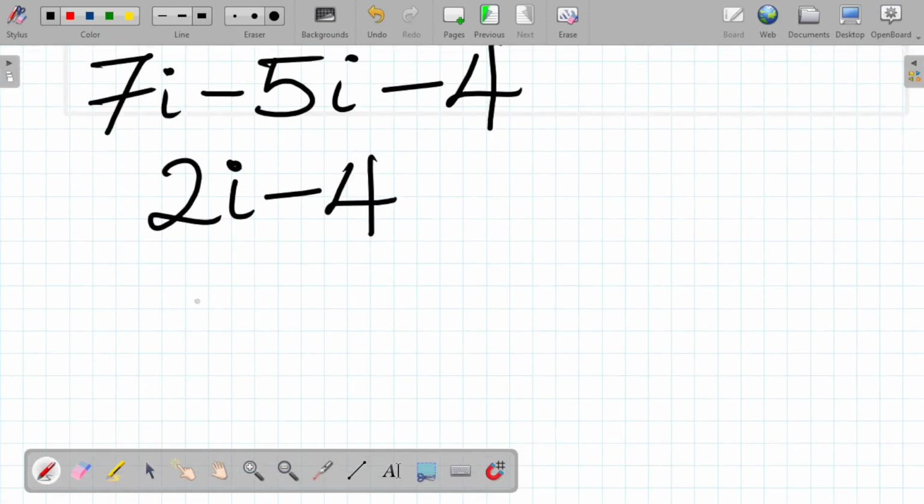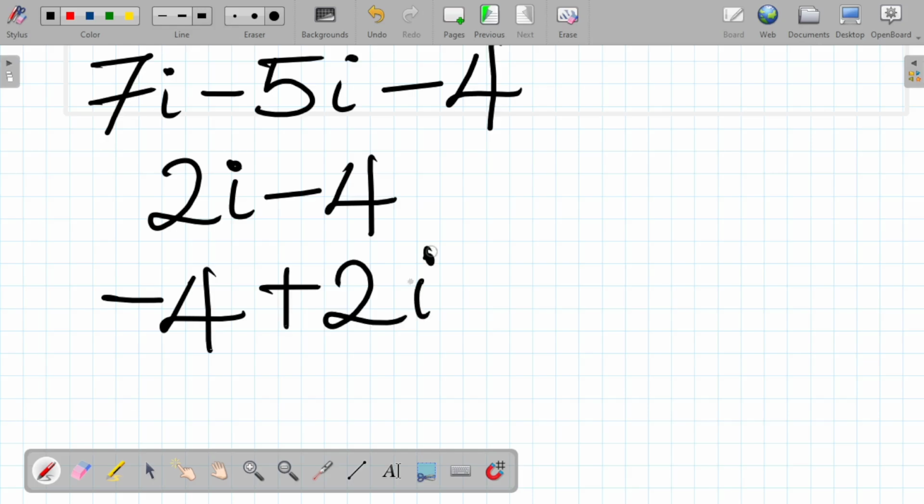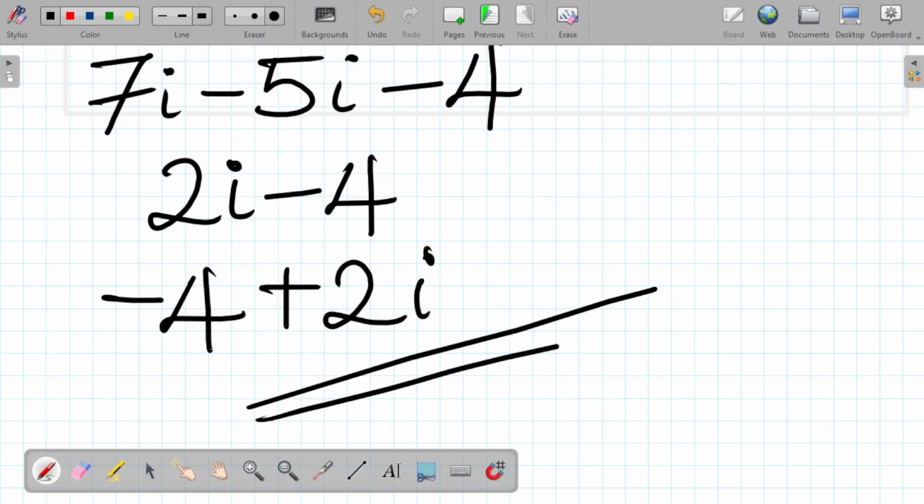Now let's rearrange this. So instead of 2i minus 4, we write minus 4 plus 2i. So this is our final answer.